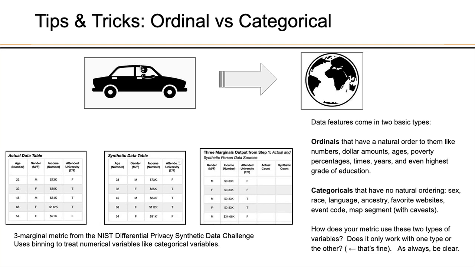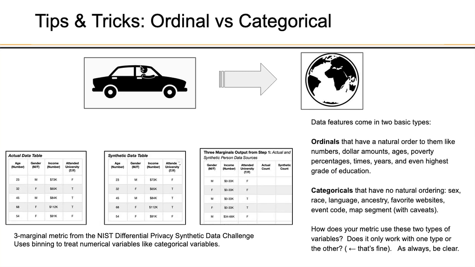Some neighborhoods are next to some other neighborhoods. That gets messy, but often they're treated as categoricals. So how does your metric use these two types of variables? Does it only work with numerical, ordinal data? Does it only work with categorical data? That's fine, or does it use both? But just be clear about how they're used. And here's an example of a marginal metric that we used at the previous NIST Differential Privacy Challenge.